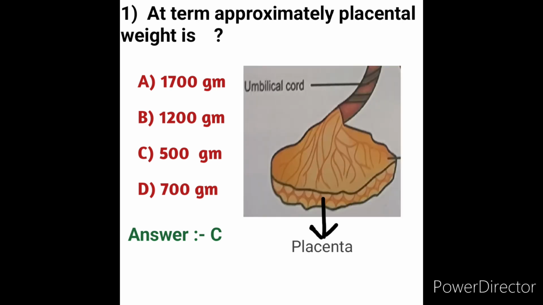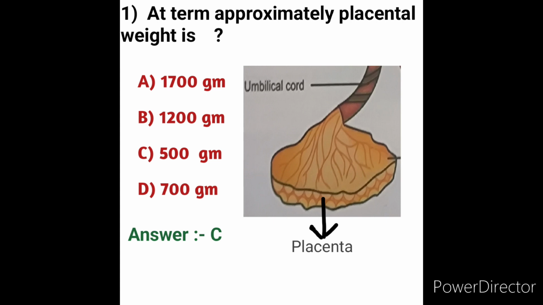Option C, 500 grams, is the correct answer. Additional points: the ratio between placenta weight and the birth weight of the newborn is 1:6, and the placenta is 10 inches long and 1 inch thick at its center. So at term the approximate placenta weight is option C, 500 grams.